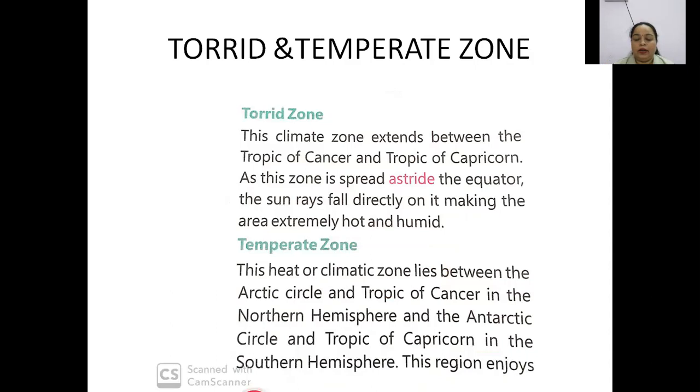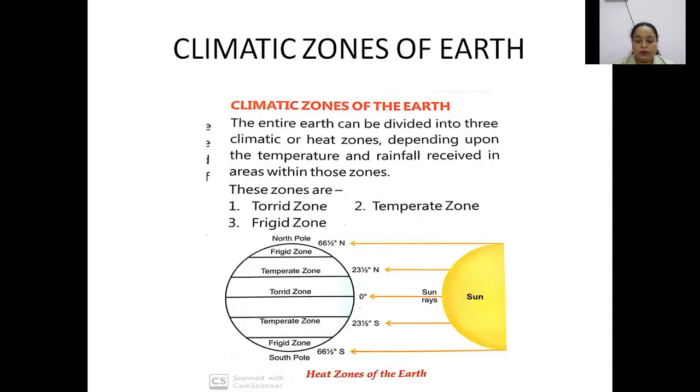I'll read out the important things about the torrid zone, temperate zone, and then the frigid zone. Now the torrid zone. Please pay attention and look at the diagram.